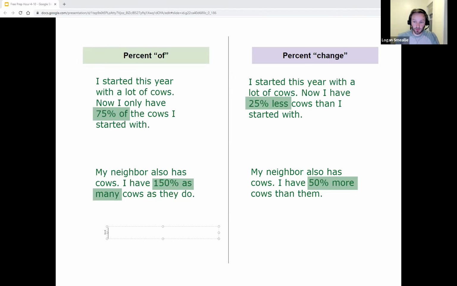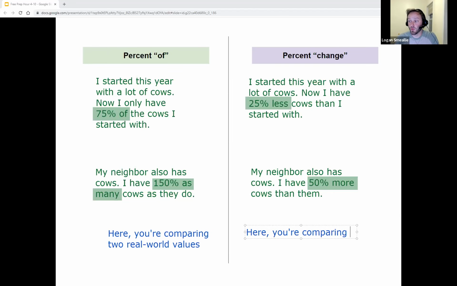And really what you're doing in percent of is, you're comparing two numbers, or I'll say two values, two real world values. Here, you're comparing one real world value to a certain amount of change or a certain difference.